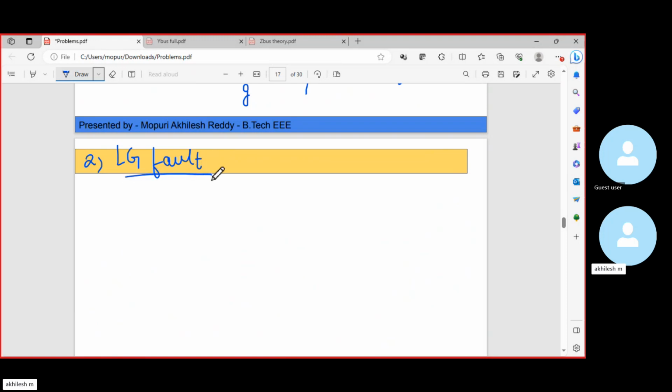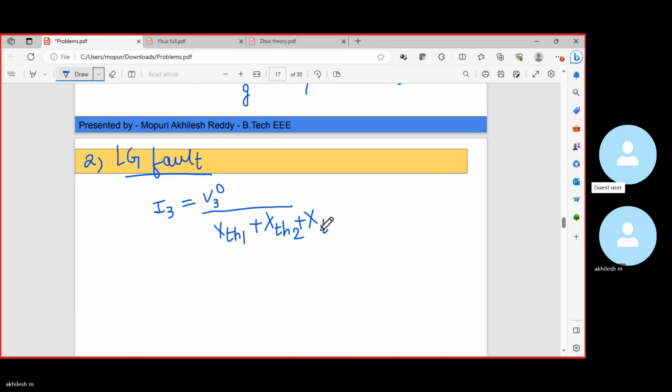For LG fault, since the fault is at the third bus bar, I3 is equal to V3 of 0, that is the terminal pre-fault voltage, divided by XTH1 plus XTH2, that is positive sequence Thevenin's equivalent plus negative sequence Thevenin's equivalent, plus zero sequence Thevenin's equivalent XTH0, plus ZF. This is the equation.